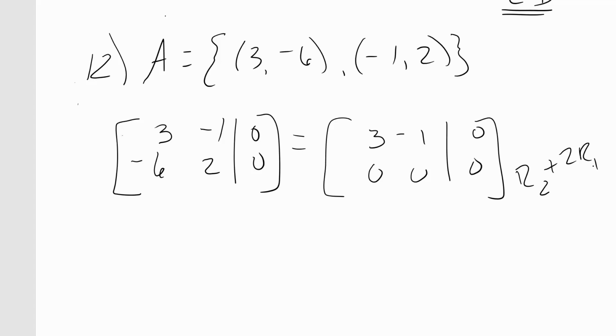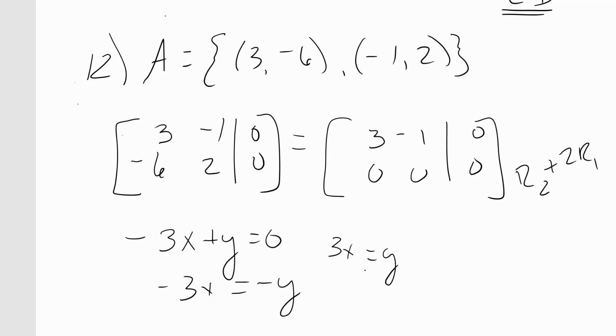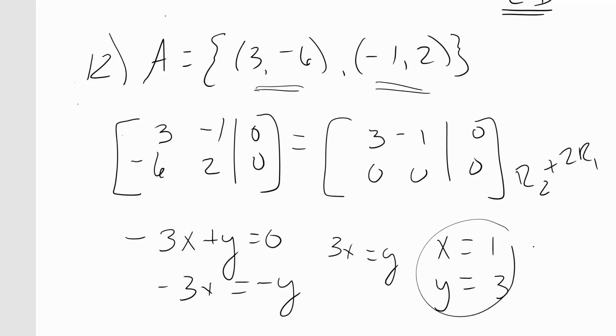Going back to what we learned with our eigenvector information, that's going to tell us my equation, -3x plus y equals 0, or -3x equals -y, or 3x is going to equal y. So let's say x is 1, then y is 3. If I did 1 times my first vector (3, -6) plus 3 times my second one, I'm going to get out (0, 0). Because I have scalars that are not 0, 0, that means it is linearly dependent.